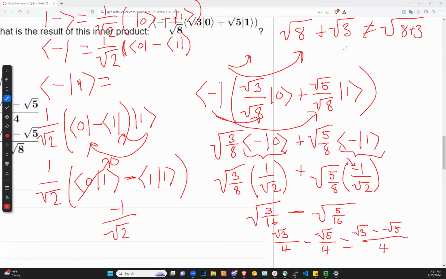You can multiply and divide things inside the square root as long as they both have the square root. So the square root of 8 times the square root of 3 is the square root of 8 times 3. That you are allowed to do. So it's only multiplication and division that you're allowed to do inside the square roots.